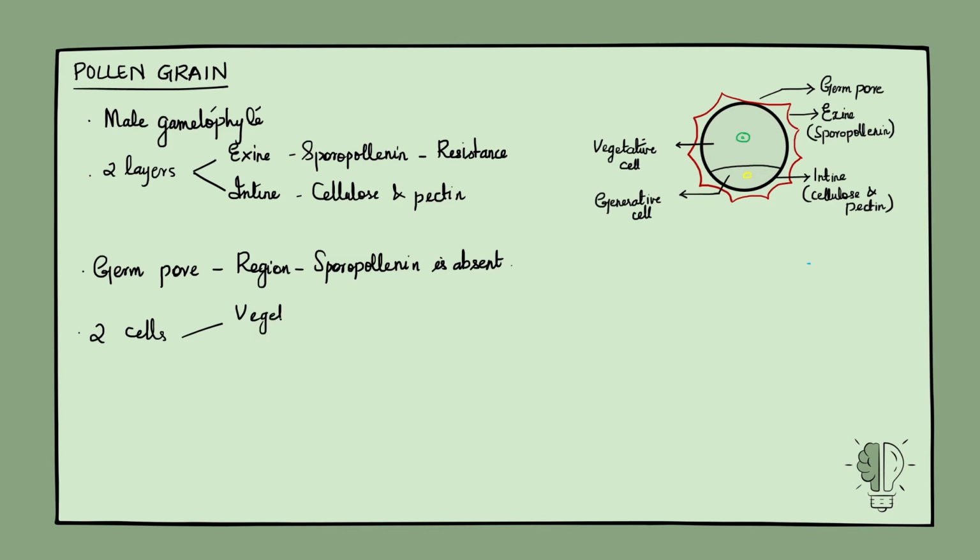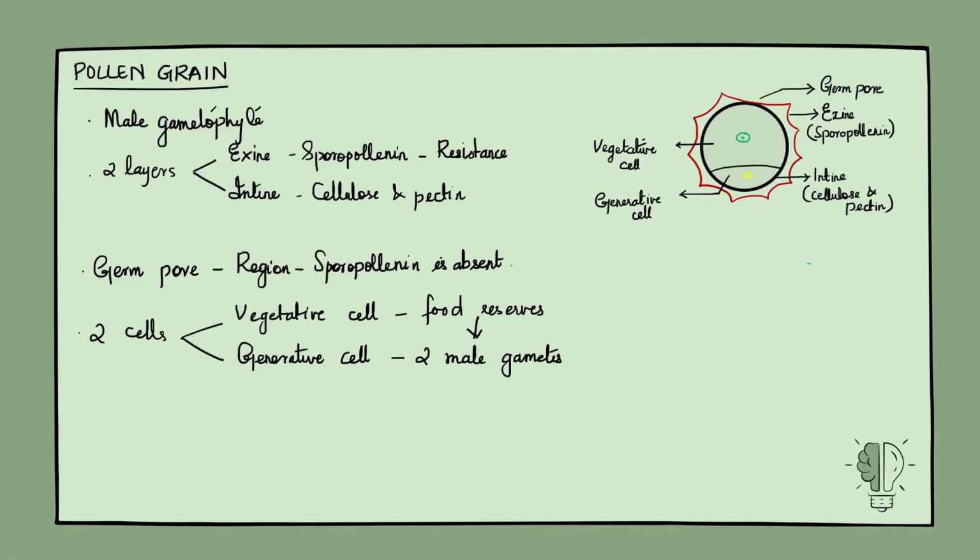The large one is the vegetative cell, which contains food reserves, and the smaller cell is called the generative cell that produces two male gametes. And these male gametes obtain nourishment from the food reserves stored in the vegetative cell.